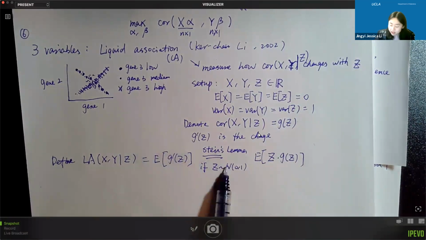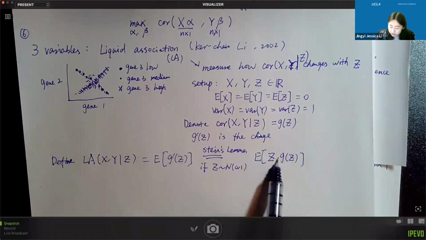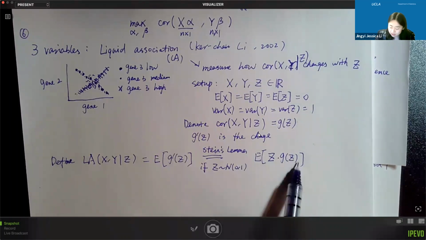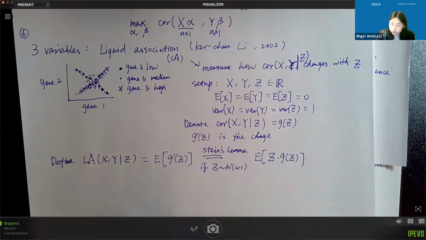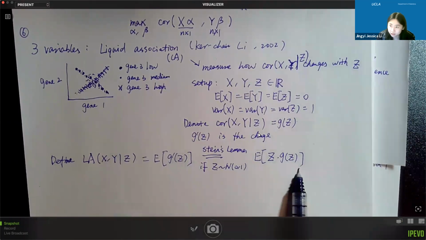Just write down the definition of expectation as the integration of this times the standard normal density, and try integration by parts. Then you can see the left-hand side will be equal to the right-hand side. Although this seems to be just a cute mathematical result, my colleague, Dr. Lee, actually borrowed it here and made this computation of LA super easy.